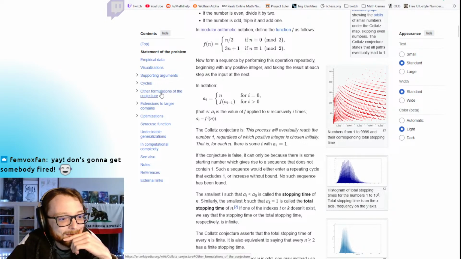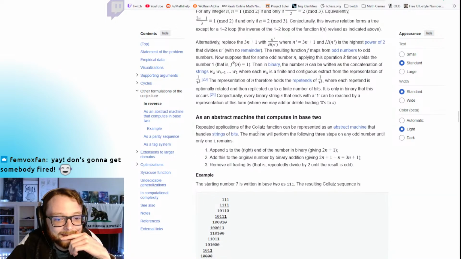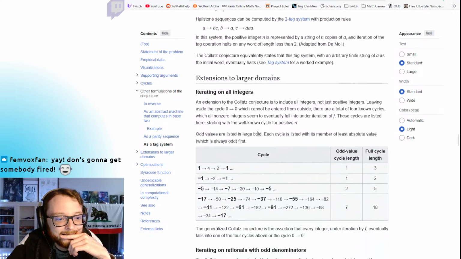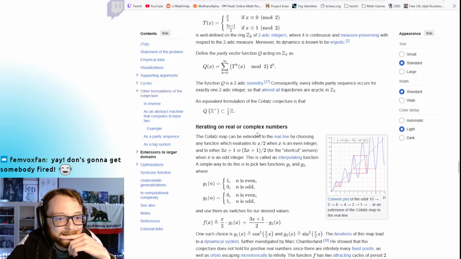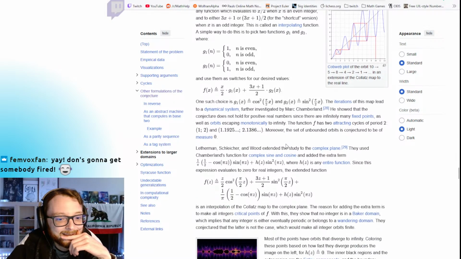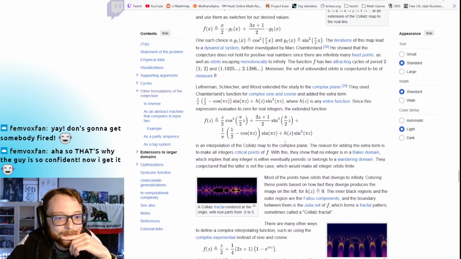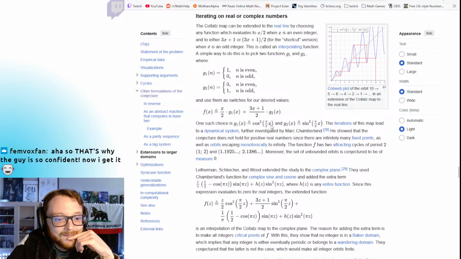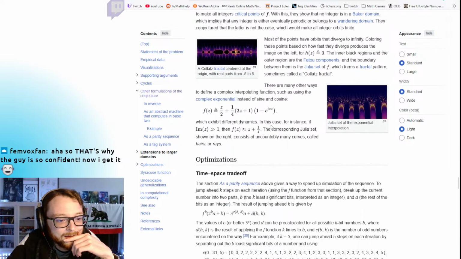I wonder if Wikipedia knows about this. Oh, here's a sine squared. Wait. No, it's a different context. This is like complex variable, I think.